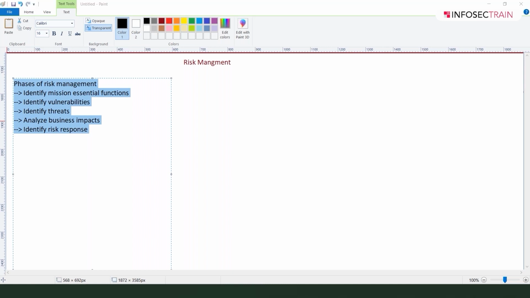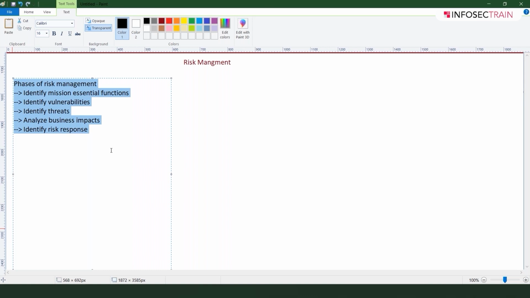Okay. So risk management is the process of identifying, assessing, and mitigating the vulnerabilities and threats to your critical assets, or your day-to-day operational functions of your business. So you have to identify them and assess them.